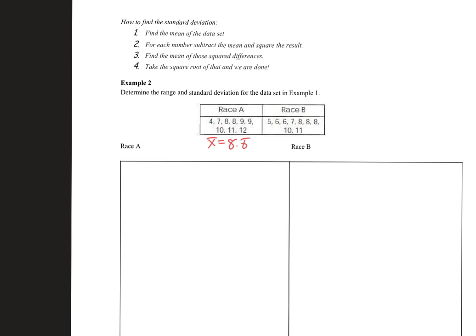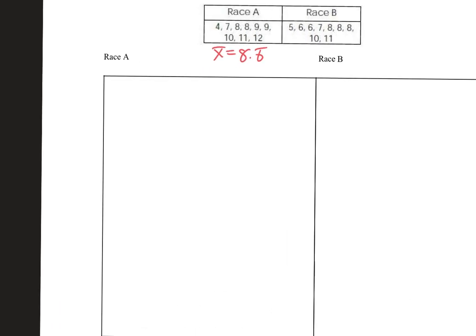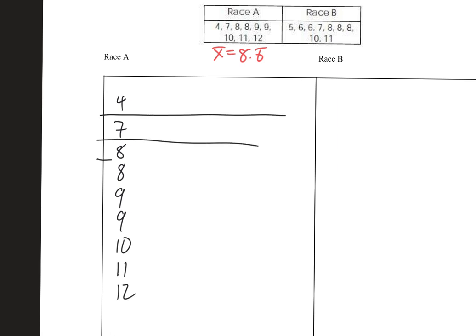Okay, let's do this. I'm going to show you how I would do this. I'll make a list. So 4, 7, 8, 8, 9. We don't have to calculate the repeated numbers twice, because you already have it once. I'm going to make a little chart here. You'll see why in a little bit.